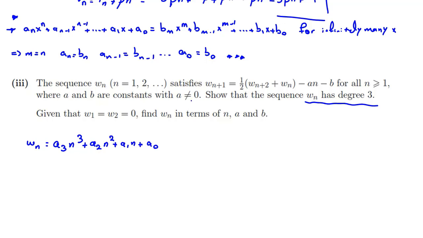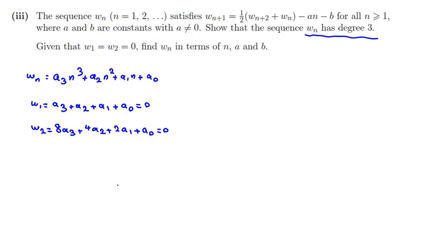See, can we find something like this to satisfy this? The first thing, it says W1, W2 are 0. W1 is a3 plus a2 plus a1 plus a0 equal to 0. W2 is 8a3 plus 4a2 plus 2a1 plus a0 equal to 0.